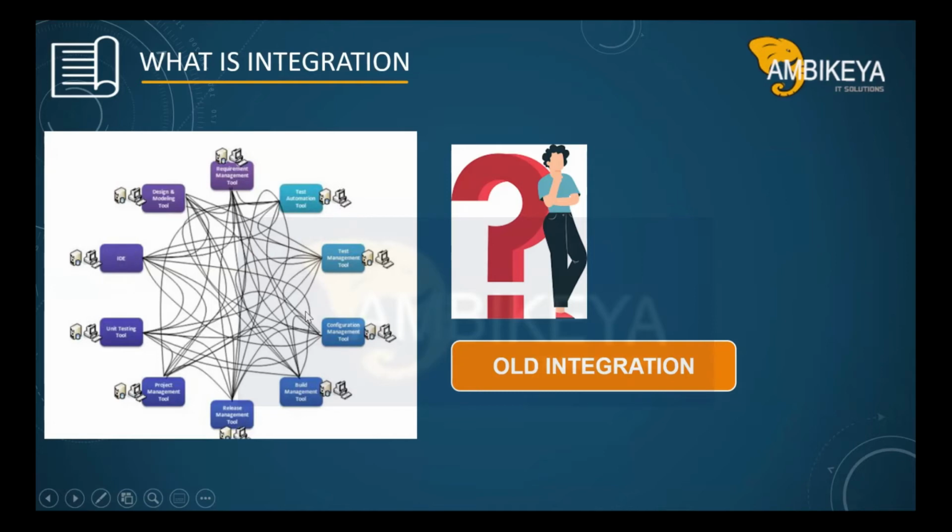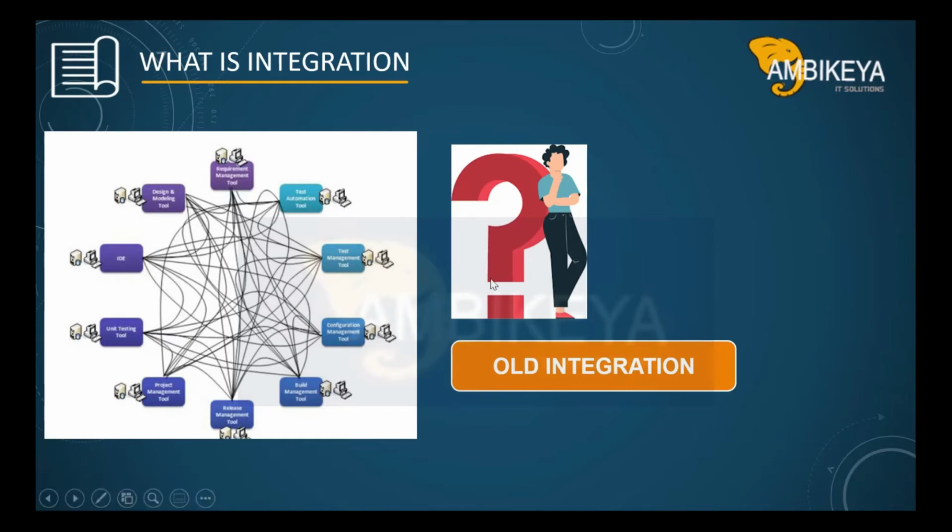So you can see this is a kind of spider web, which was not feasible, because if I have to update something here, then that update goes here. Again this system has to come here, and this system is giving a response here, then it is coming here and updating. So it's taking time.